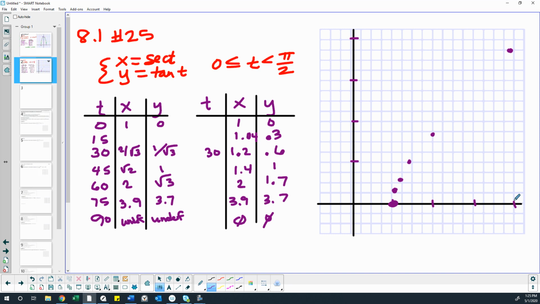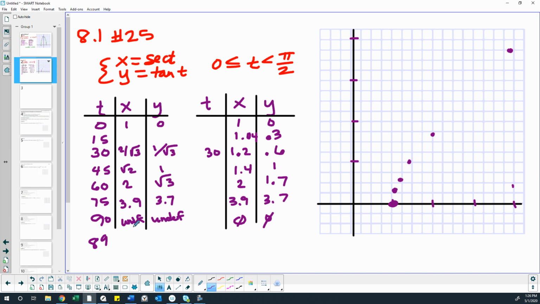So that I think our point where it never gets to, I feel like is probably, I don't know, how far is this going if we get as close as possible to pi halves? Maybe we should do like 89 degrees. Just see what that does, since we're doing degrees in calculator.